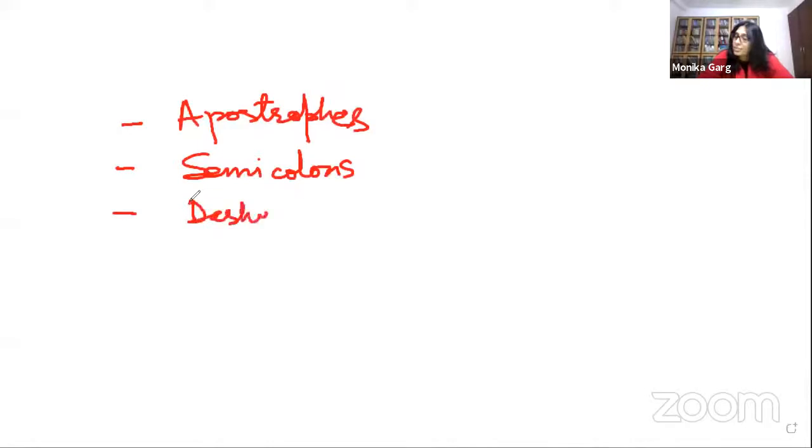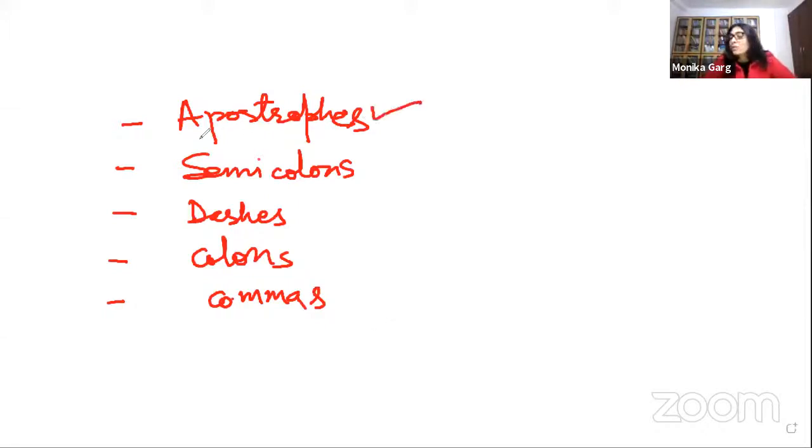Then you need to know where the dashes can be used and where the dashes cannot be used. Then yes, one question usually you get where you need to choose between the dashes and the colons, or the colons and the semicolons, and so on. And yes, most important of all, the commas. Okay, so we'll talk about all these types of punctuations one by one.